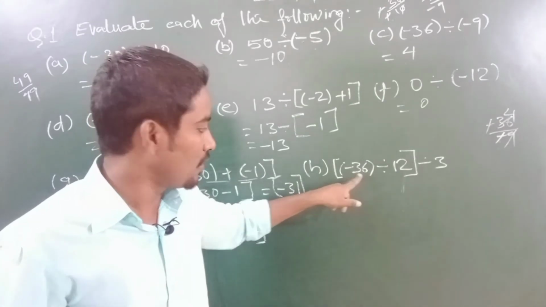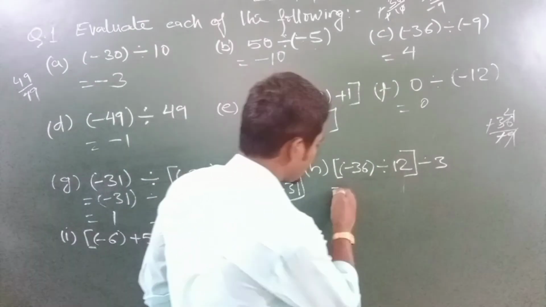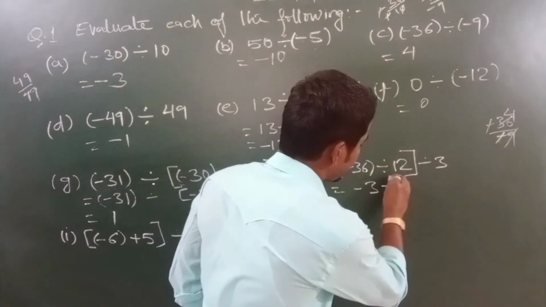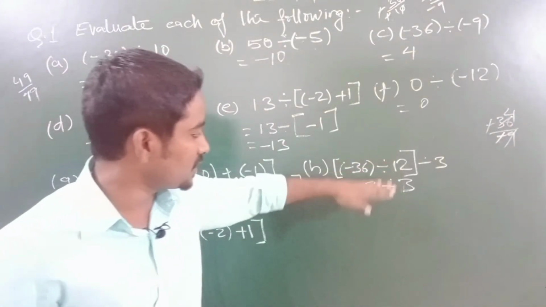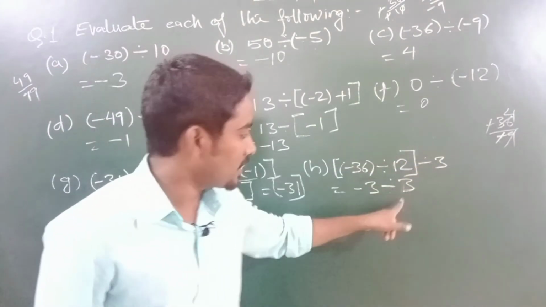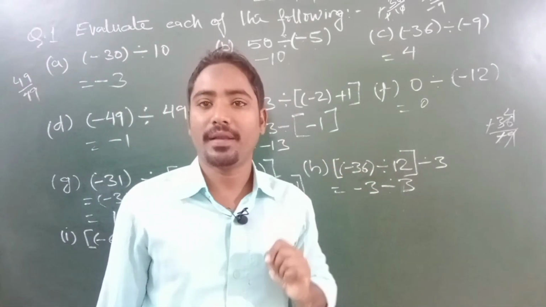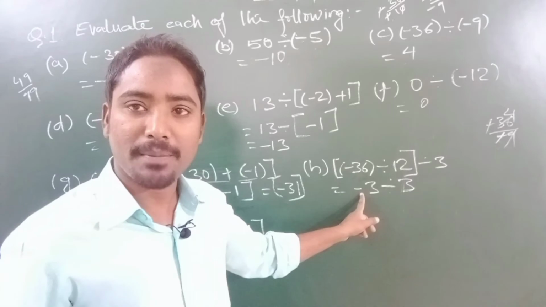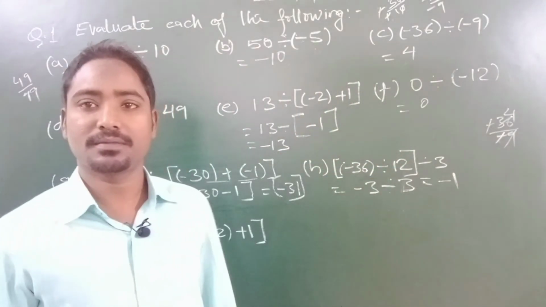Now coming to the sign, one of the numbers is negative, so we will have a negative result. So equal to minus 3 and then divided by 3 finally. Now 3 divided by 3 is equal to 1, and one number is negative, so finally we will have minus 1 as our result.